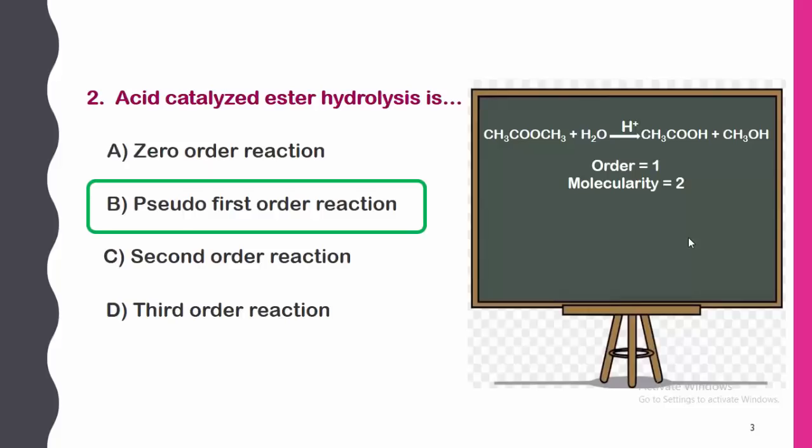For this reaction, order and molecularity are different. Order equal to 1, molecularity equal to 2. Therefore, this is called the pseudo first order reaction. Hence, the right answer of this question is pseudo first order reaction.